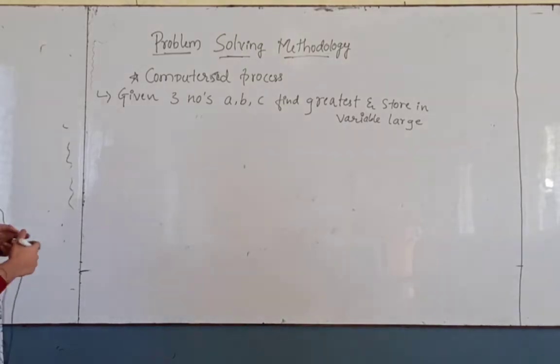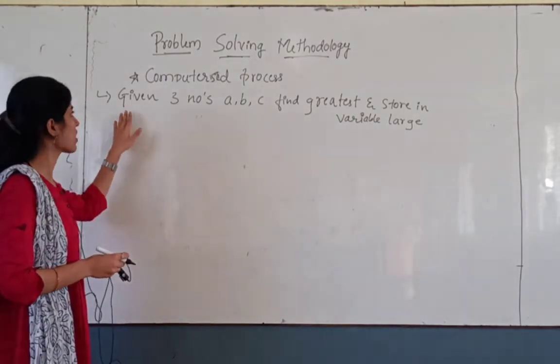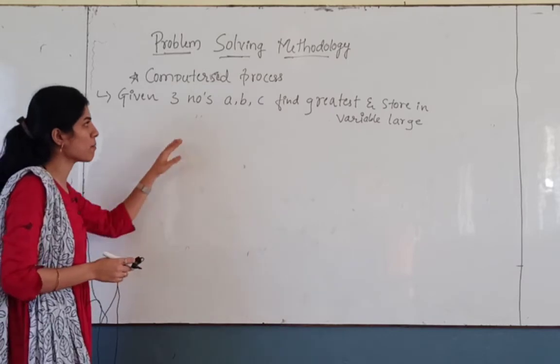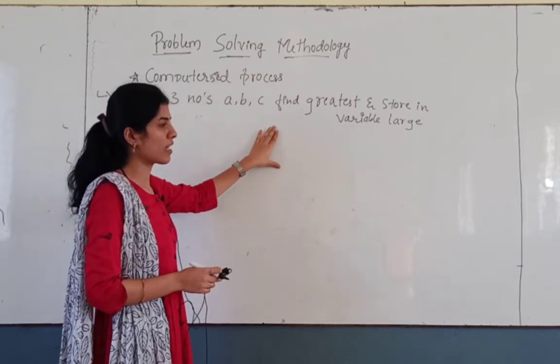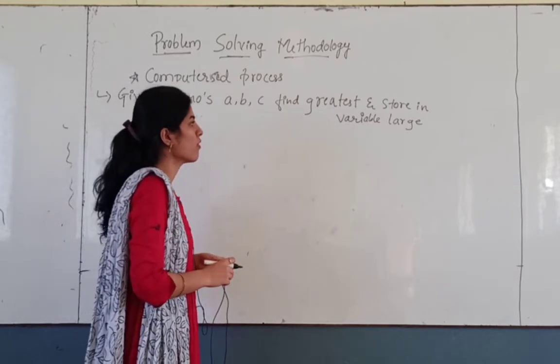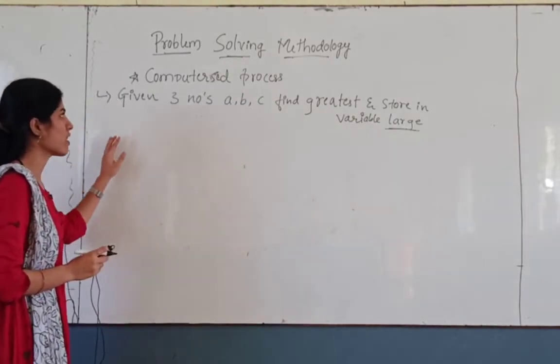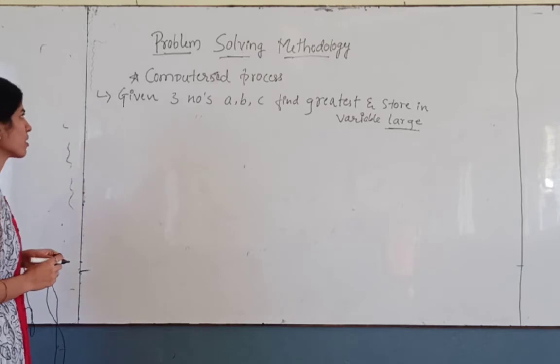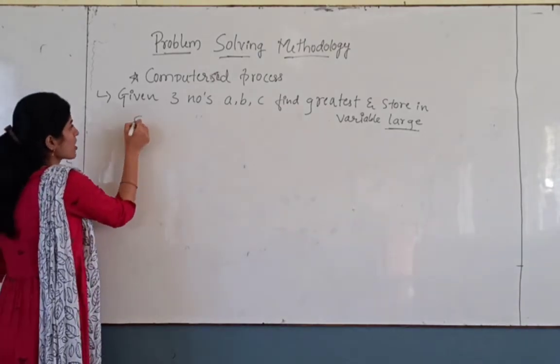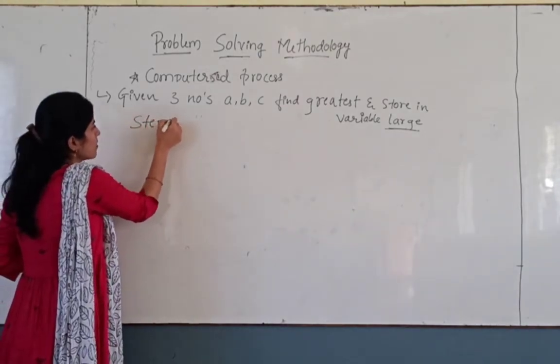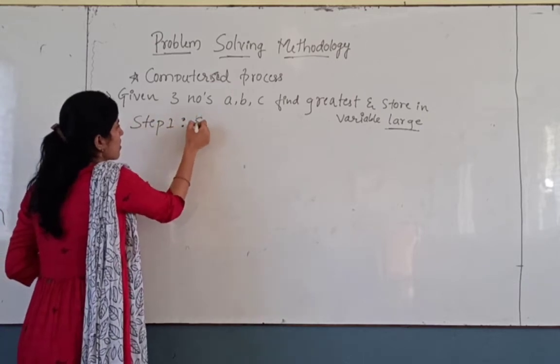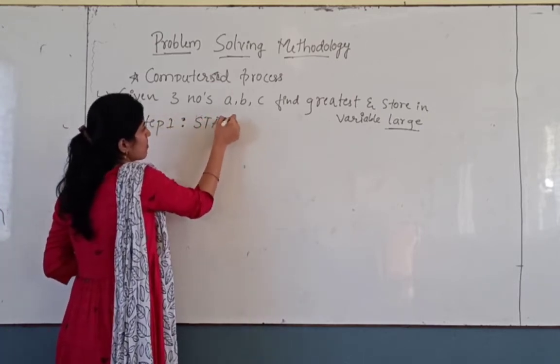See here, another algorithm is given: 3 numbers a, b, c, find the greatest number and store it in the variable large. So this is another example for writing an algorithm. Step 1 is always start.